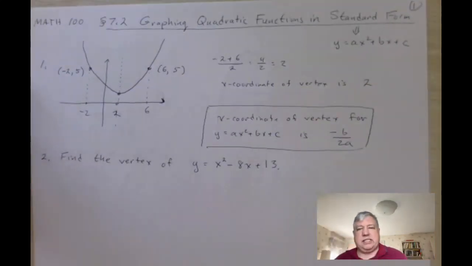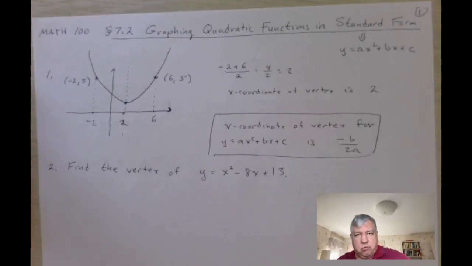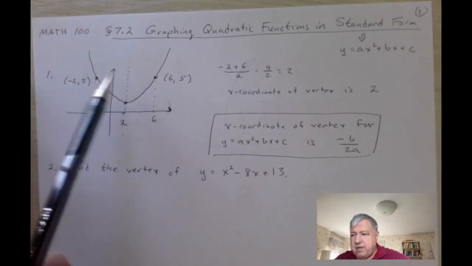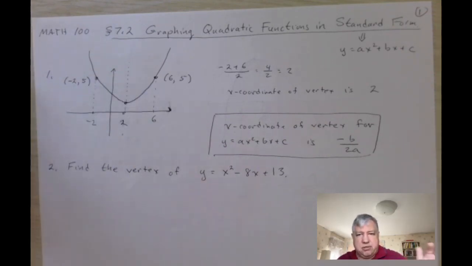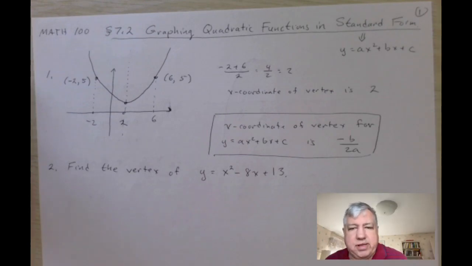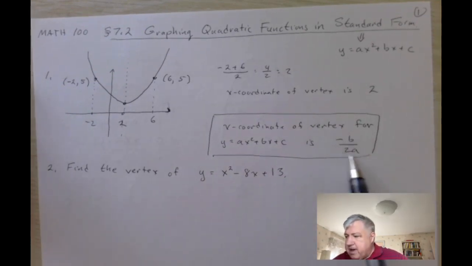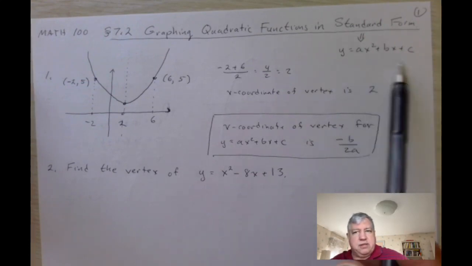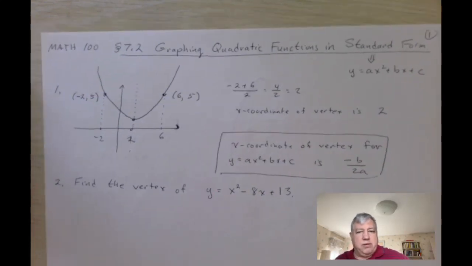And that can save you a lot of work, without having to graph this. There are going to be some problems on the homework where they don't give you the equation, they give you the graph, and here are 2 points which are opposite each other. Then you basically just take the midpoint of them, and that'll give you the x-coordinate of the vertex. But for all other cases, you can just use this formula if you know how to find your a, b, and c. That's to find the x-coordinate. To find the y-coordinate, you take whatever this number is, plug it back into the equation, and that will be your y value.